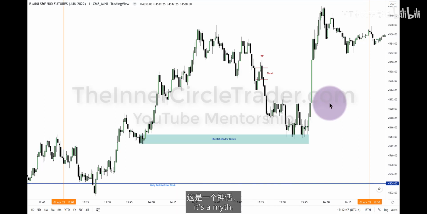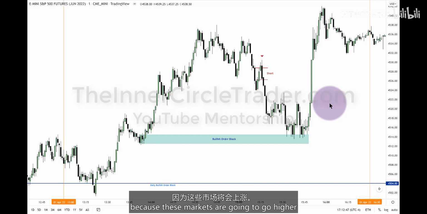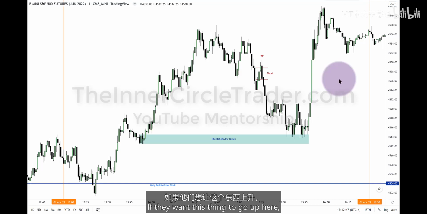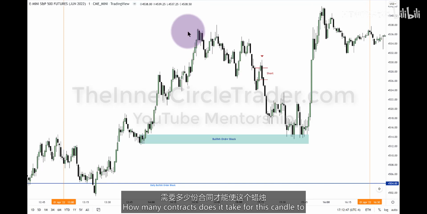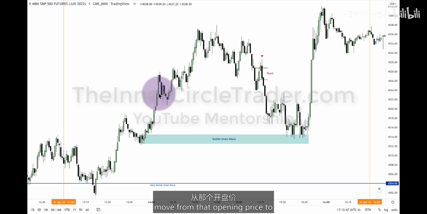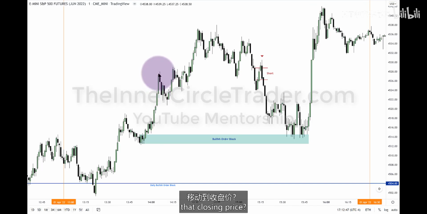The buying and selling pressure, it's a myth. Because these markets are going to go higher regardless of how many contracts come in. If they want this thing to go up here, it doesn't require millions of contracts to put it there. How many contracts does it take for this candle to move from that opening price to that closing price?